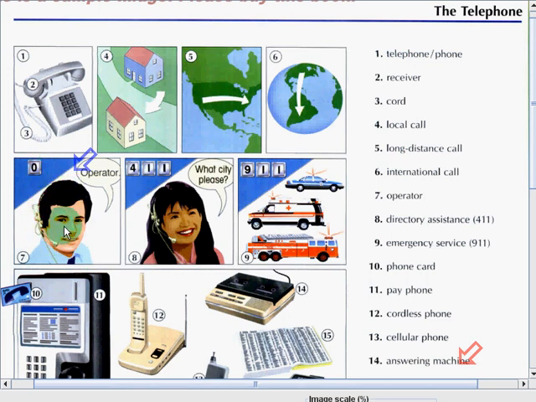So, now let's go to number 8. Directory assistance. The number of directory assistance is 411. So, directory assistance is a phone service used to find out a specific telephone number or address.